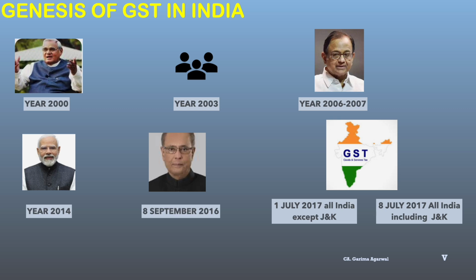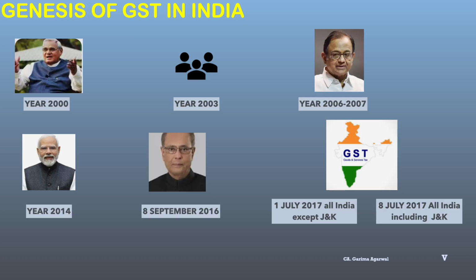Subsequent to ratification of the bill by more than 50% of the states, the Constitution 122nd Amendment Bill 2014 received the assent of the President on 8 September 2016 and became the Constitution 101st Amendment Act 2016, which paved the way for introduction of GST in India.